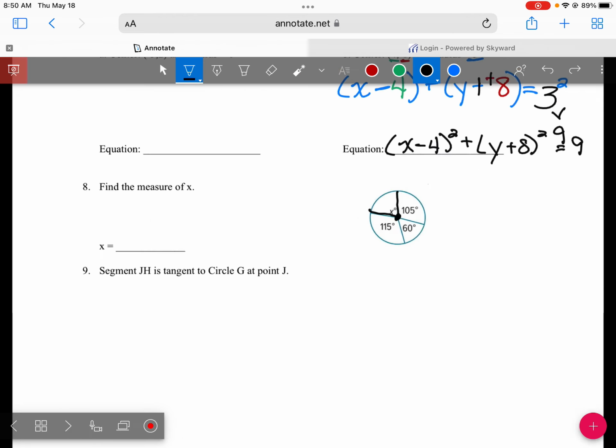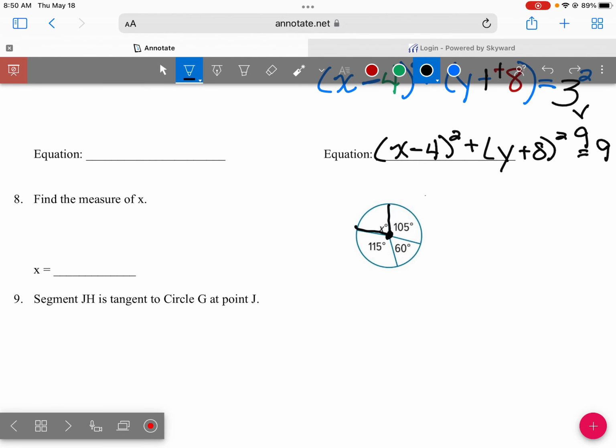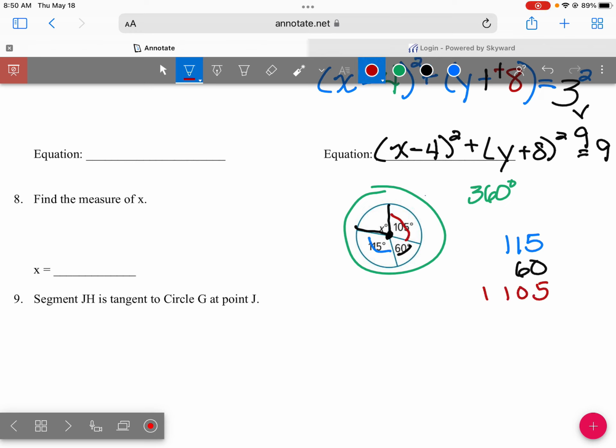All right. So how would I find that measure of angle or measure of x? So the full circle is 360 degrees, right? We know this much of it is 115, and this much of it is 60, and this much of it is 105. So if I add those up, 6, 7, 8, 280.